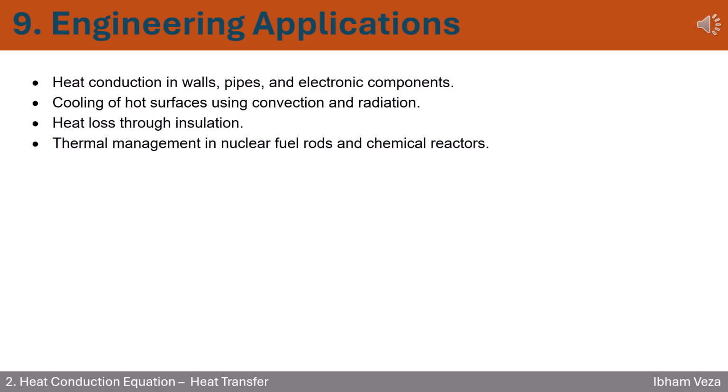Insulation is designed based on conduction theory to reduce heat loss. And in high-stakes environments like nuclear fuel rods or chemical reactors, thermal management becomes a life-critical function. Always ask, how does heat conduction influence the design? Because the answer directly improves your engineering decisions.